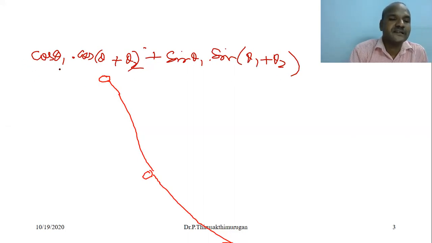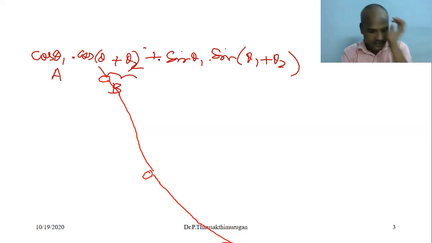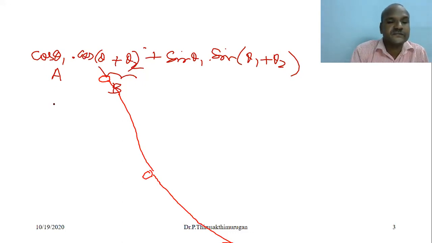So you consider this is A, these two angles together as B. So cos A into cos B plus sin A into sin B. What is the formula? Cos of A minus B.